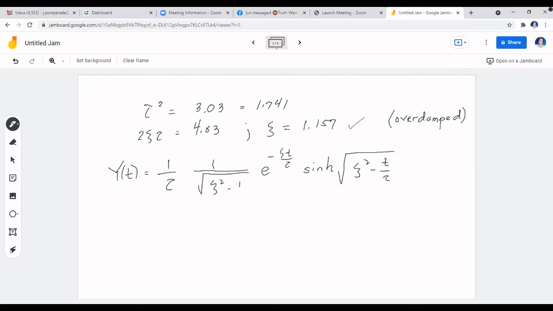Let me just check if correct. It's t over tau. So this is our formula. If you're opening also the soft copy of the book, please check because at times I may have missed something in copying the formula in the slide.